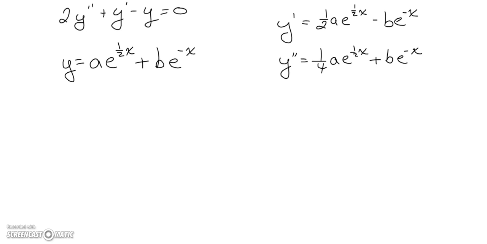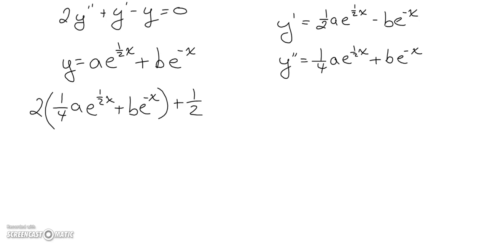All right, we're going to substitute all this in. So now we have to do 2 times y double prime. Y double prime is 1/4 a e to the 1/2 x plus b e to the negative x. Plus y prime, 1/2 a e to the 1/2 x minus b e to the negative x.